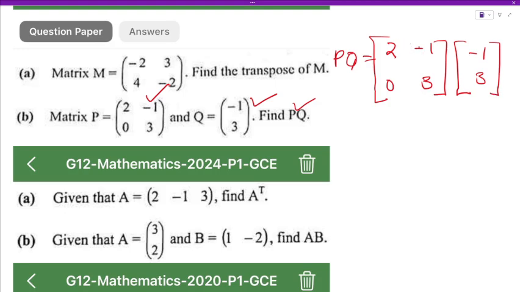So now take note here again, we only have one column in the second matrix. Let's determine what's going to be the order of the final one. The first matrix, matrix P, is a 2 by 2. We can clearly see that. The second one is a 2 by 1. So meaning our final answer should be a 2 by 1 matrix as well. Okay, we have determined that. I'll write it here, 2 by 1.